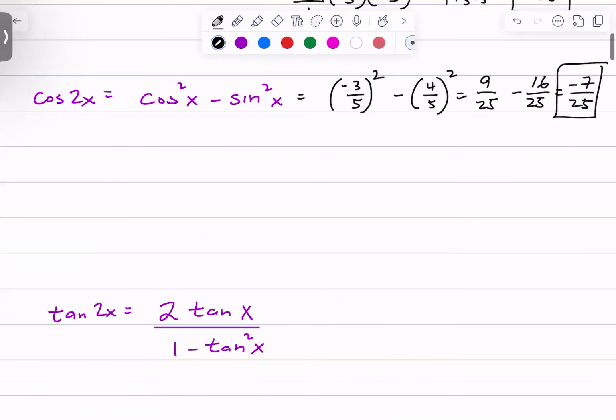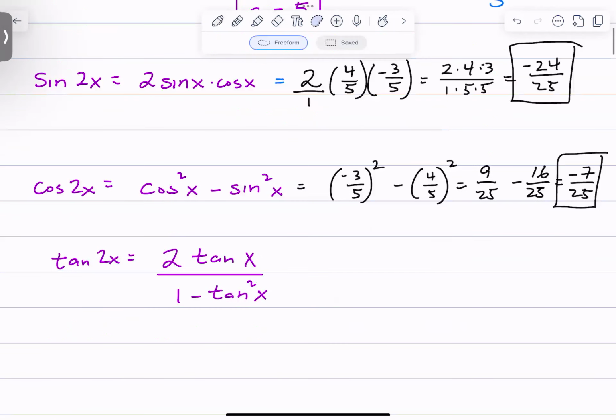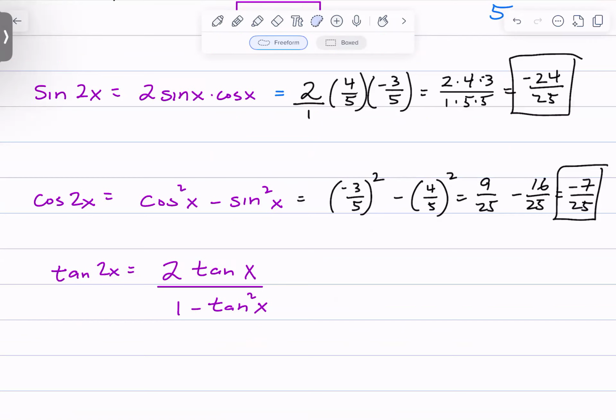Now, here's a cool trick. Tangent of 2x is that complicated formula, right? 2 tangent of x divided by 1 minus tangent squared of x. Also, tangent of 2x is sine of 2x over cosine of 2x, right? Sine over cosine is tangent.